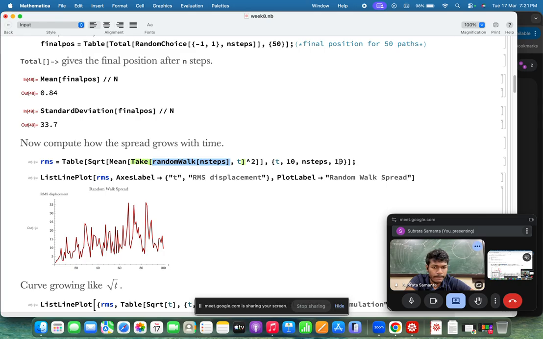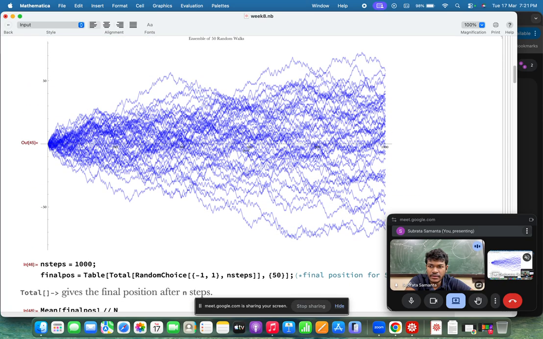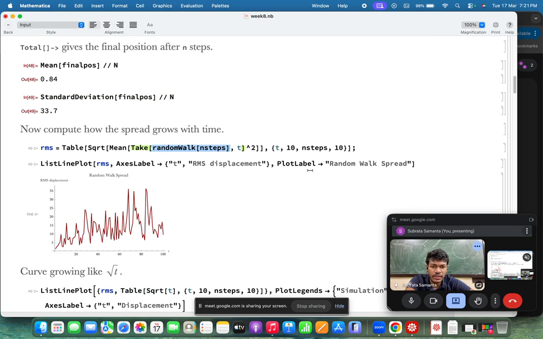So it is basically t from 10 to n steps, where n steps is 1000, in gaps of 10. That means t equals 10, 20, 30 up to 100.